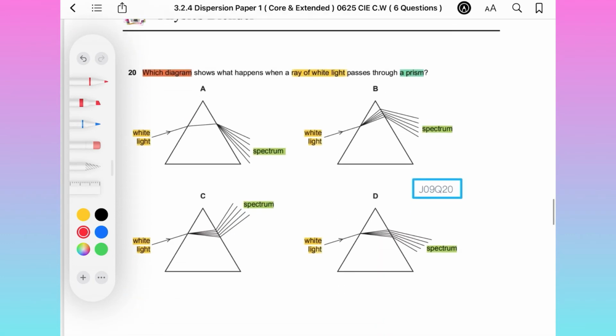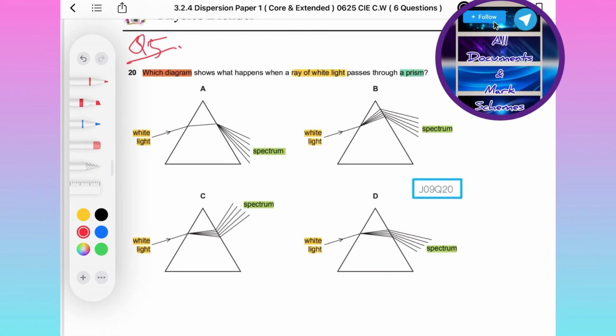Question number 5. Which diagram shows what happens when a ray of white light passes through a prism? Again, here we are talking about dispersion.